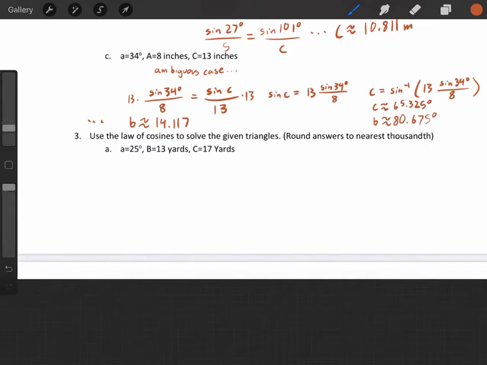So we're given two sides and an angle, and from this we can just determine that we can use the law of cosines. So let's just start.